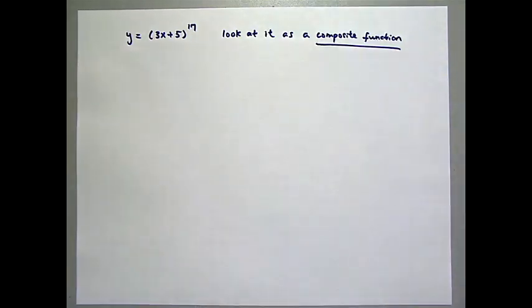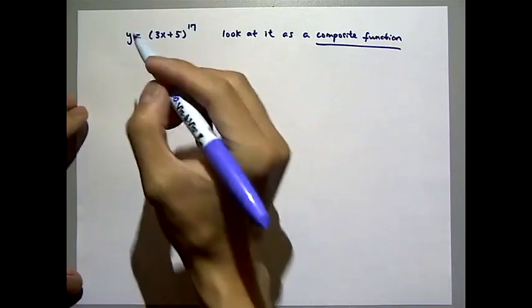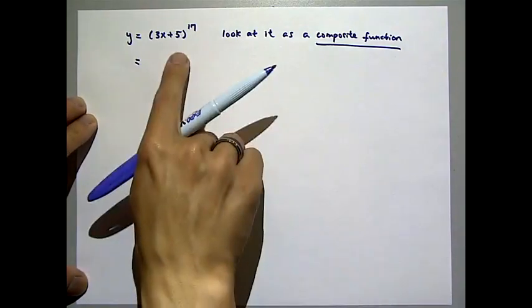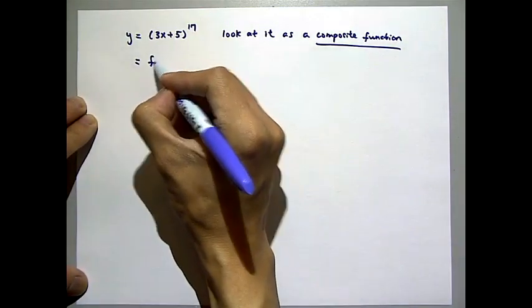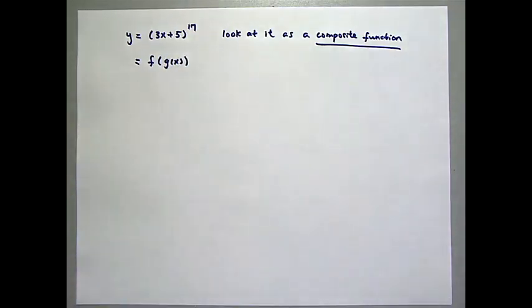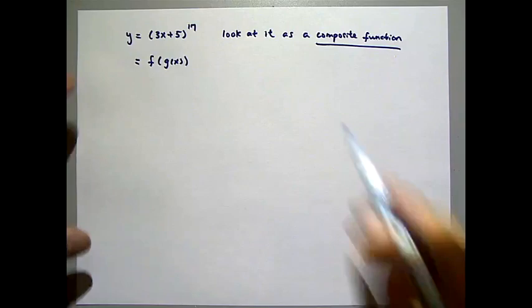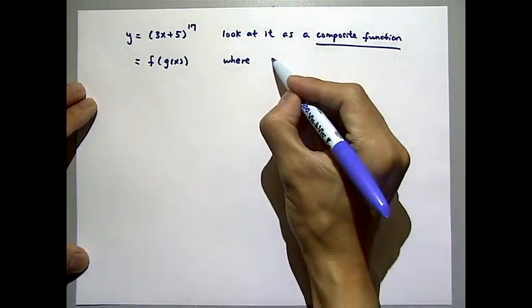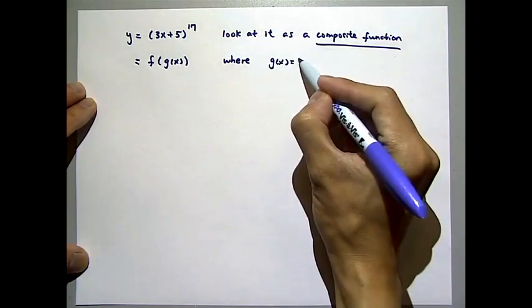A composite function is a function within a function, using a function as an input. So one way to do that is we can look at this thing as some function f using some other function g as its input. So the function takes g as an input as opposed to taking just regular x as an input. And in this case here, we're going to say that g of x is equal to 3x plus 5.